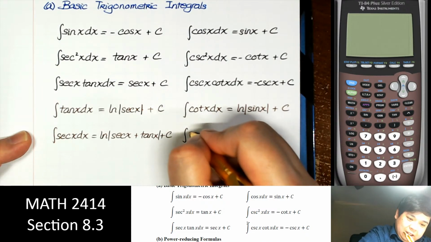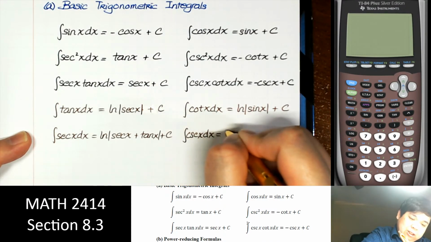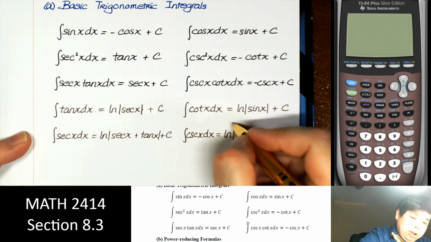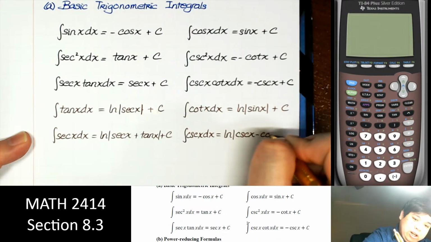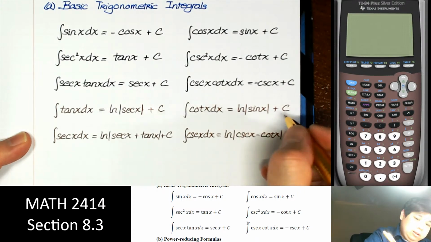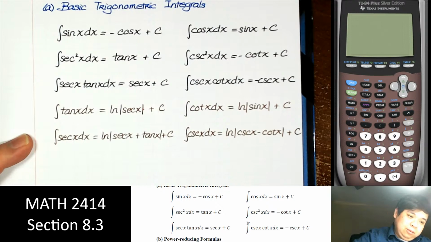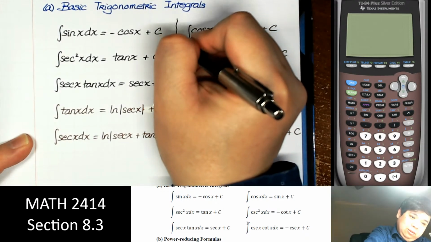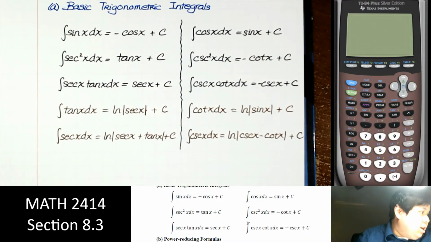And cosecant x is ln of cosecant minus cotangent. So those are the basic integrals.